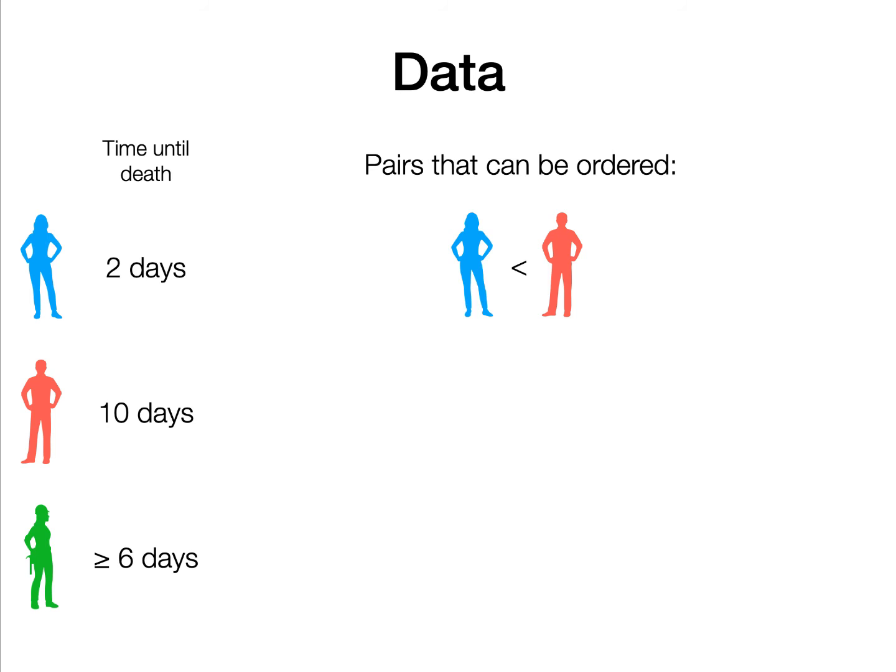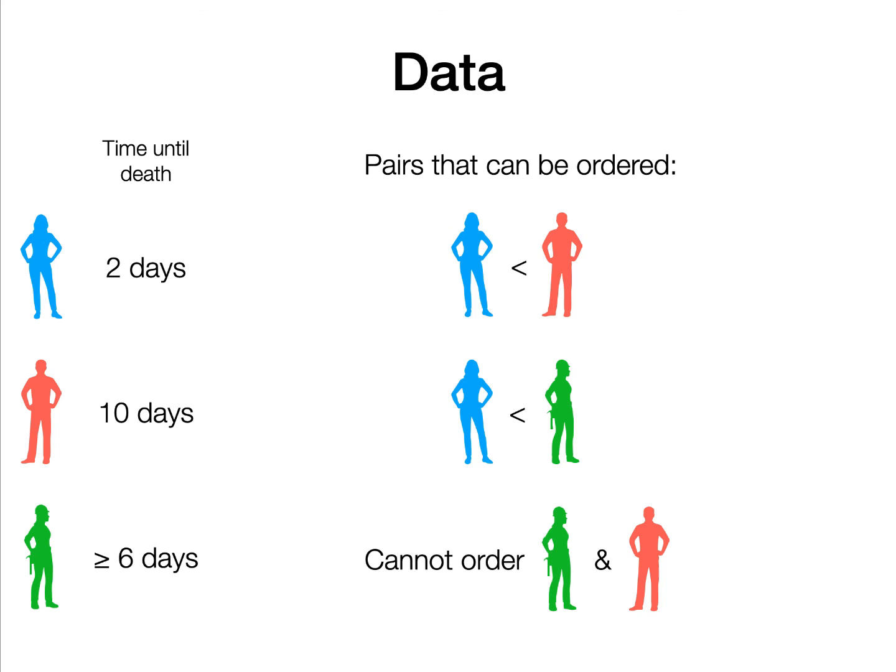Similarly, I can order blue and green. Even though the green patient has a censored time until death, we know that it's at least 6, which is considered better than 2 days. However, between the red and green patients, we can't unambiguously order them, because of the censoring, because of that greater than or equal to sign.